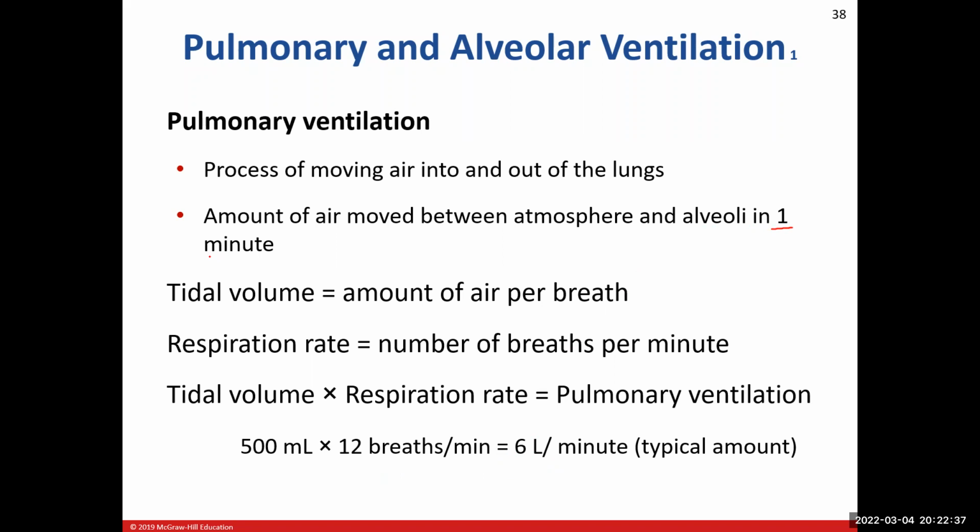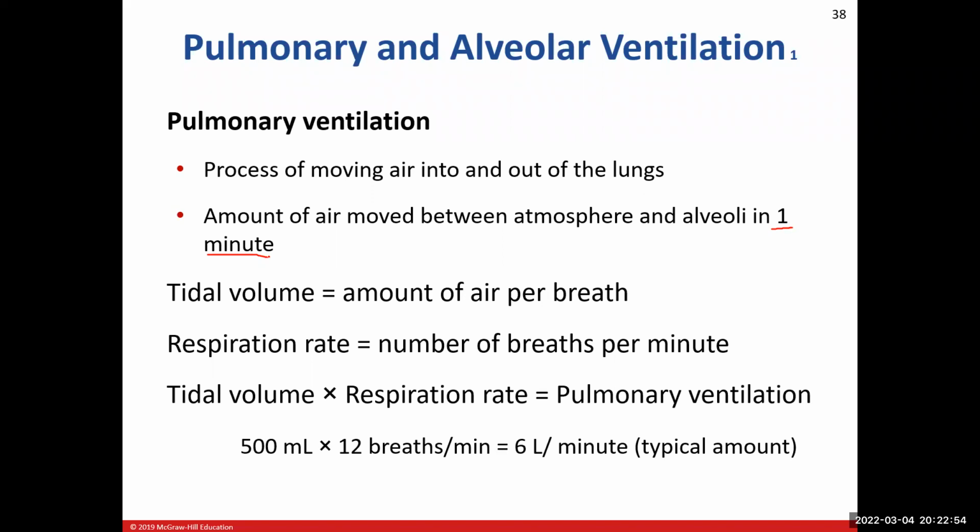And that period of time is going to be 1 minute. So the first term there, tidal volume, we talked about that before. That's the amount of air that you move in and out of your lungs when you take a breath. During normal quiet breathing, that's about 500 milliliters.